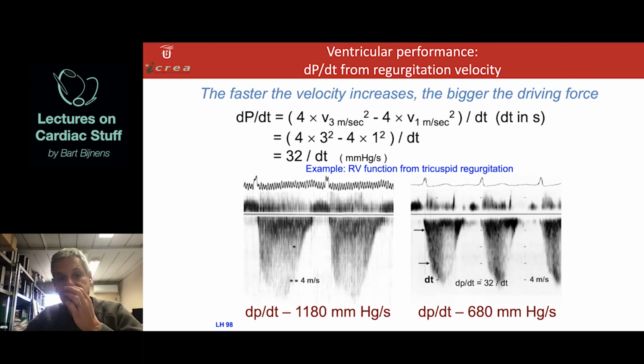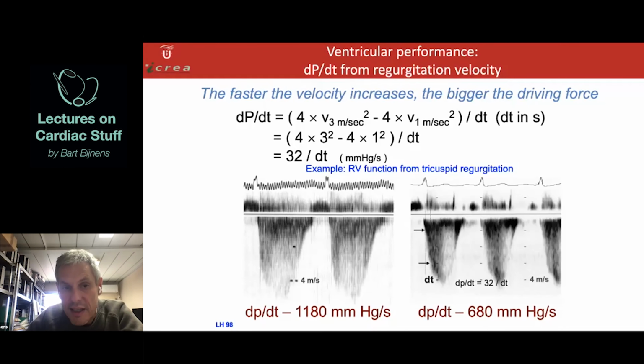So what you see here is, if we want to look at the pressure increase in the ventricle during the contraction, and we have a mitral regurgitation, in this case a very small leak in the mitral valve, so we have blood going back.